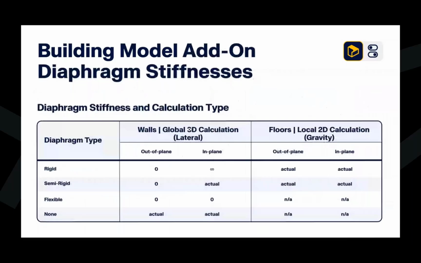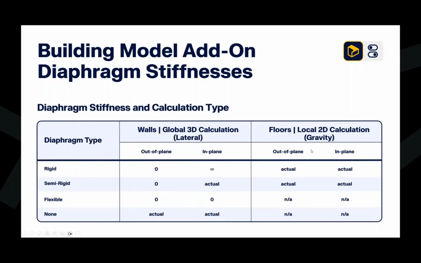I will jump to this next slide quickly just to speak a little bit more about the diaphragms and the stiffnesses that we offer. So again, we have these various diaphragm types. When we have defined these different stories and specified a rigid or semi-rigid diaphragm that you see here, we actually separate out the analysis into two separate calculations, the gravity versus the lateral.